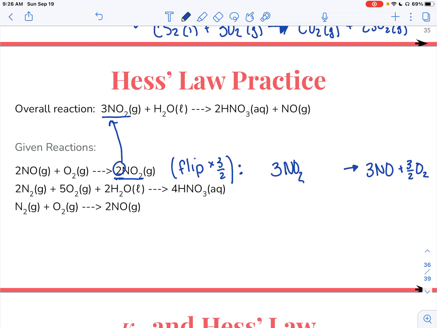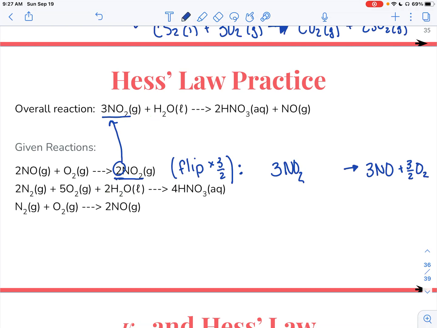Okay, next on my overall reaction, I have O2 before the arrow, and it only shows up in my given reactions one time here. It is before the arrow, but it has a 2, and we want it to be 1.